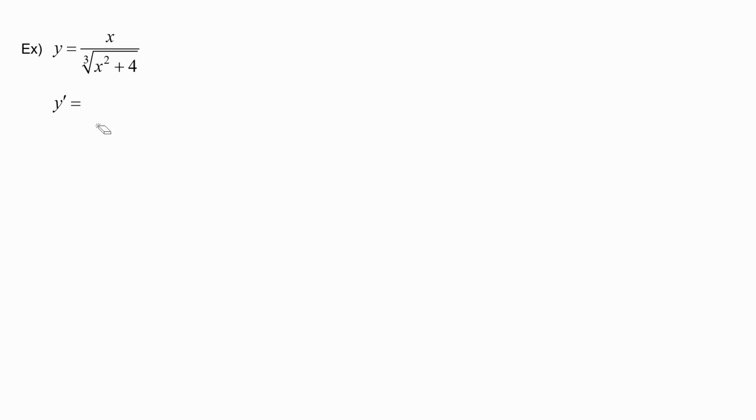Now, we could choose to use the quotient rule if we like, or we can rewrite y equal to x times the quantity x squared plus 4 to the negative 1/3 power, and then now we can apply the product rule. We can let x be the f, and x squared plus 4 raised up to the negative 1/3 can be g.